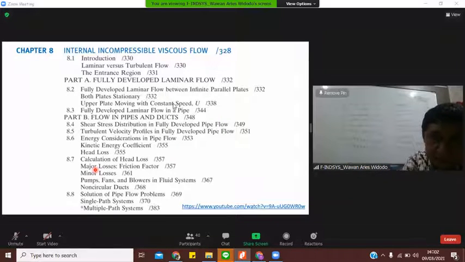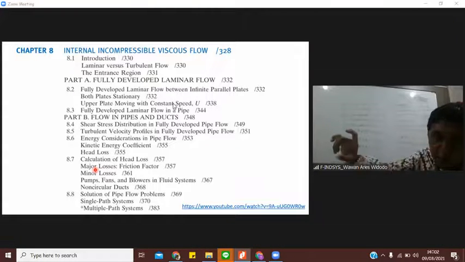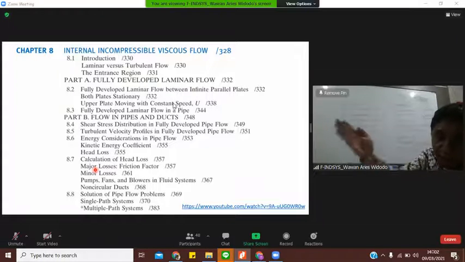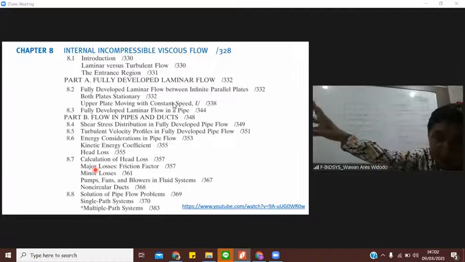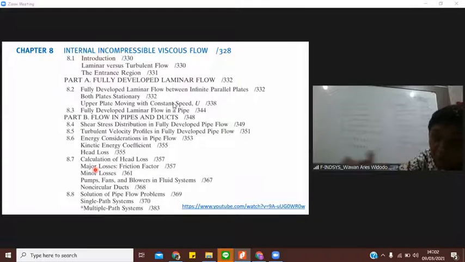Whether the position is horizontal, vertical or inclined, if the cross section is constant from inlet until outlet, we talk about major losses.